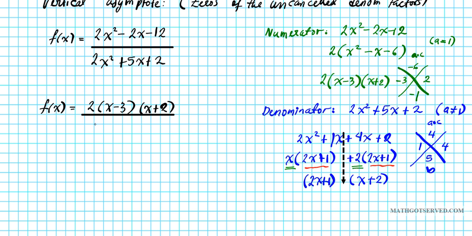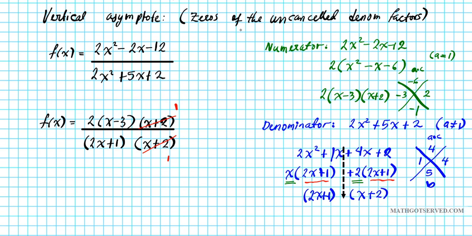Let's reinsert that into the problem. So we have 2x plus 1 times x plus 2. Now, what cancels out? x plus 2 cancels out. The instructions earlier were to find the zeros of the uncancelled denominator factors. The denominator factor that is uncancelled is 2x plus 1.